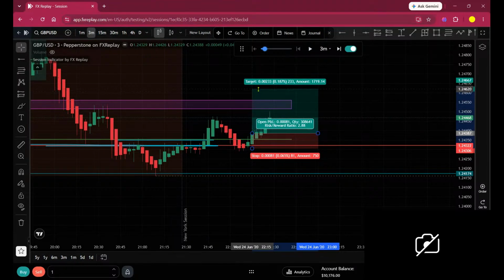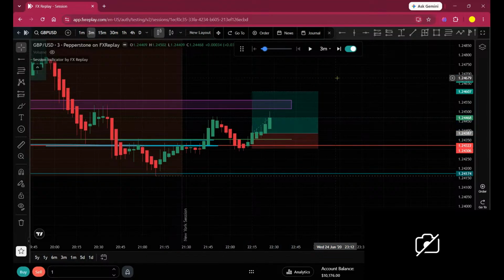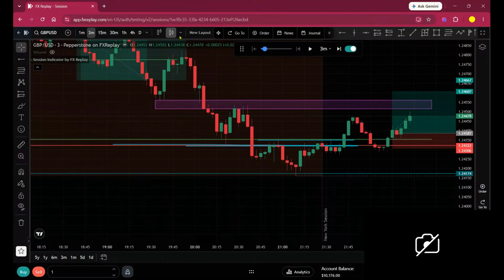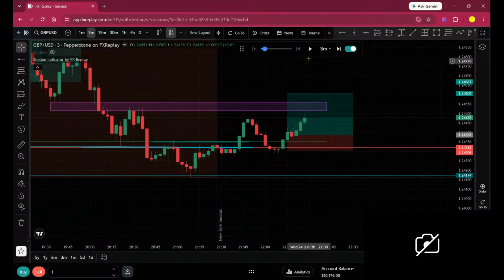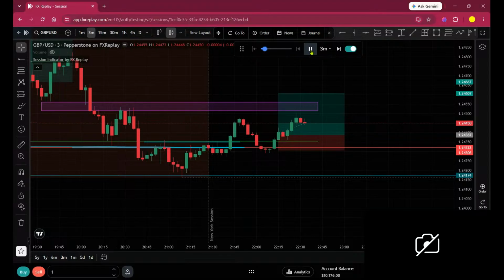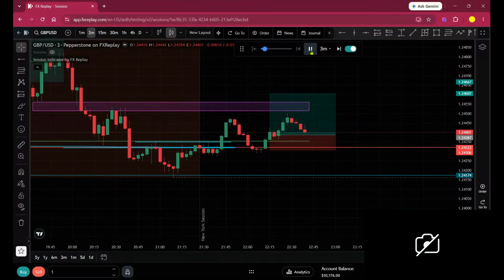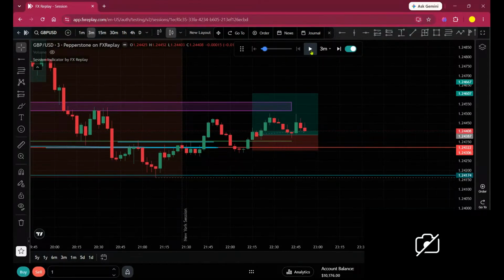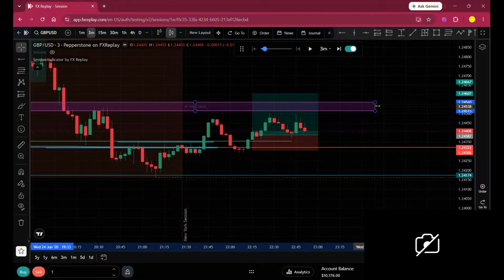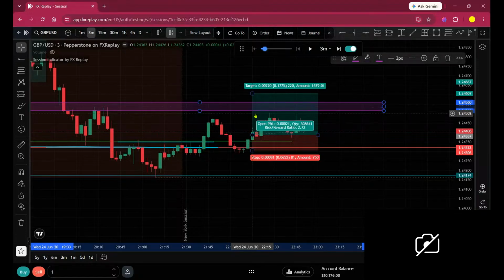This entry has very good potential to give you 1 is to 5, 1 is to 10 reward. You can book 1 is to 1 from here.